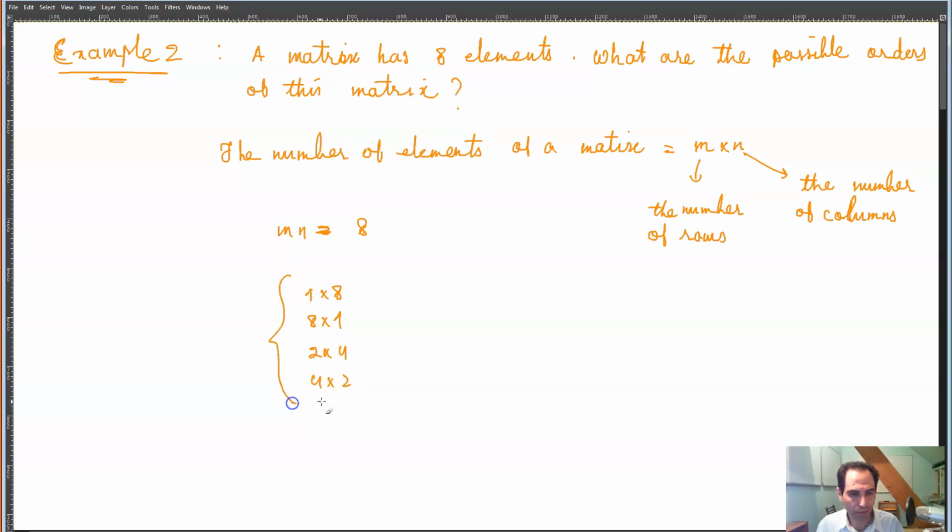That's all the possible ways of writing 8. And so the order of the matrix could be a 1 by 8 matrix, or an 8 by 1 matrix, or a 2 by 4, or a 4 by 2 matrix. So that is the answer, right?